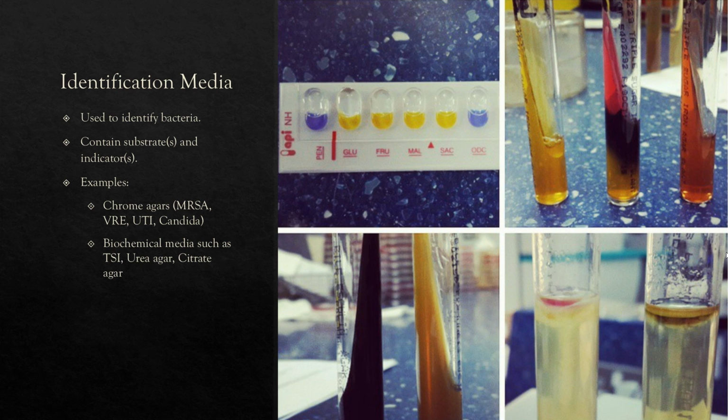So this tube indicates an indole motility positive reaction, and in the other tube you can see there is no haziness. As there is no haziness, it indicates non-motile bacterial growth, and at the surface after adding indole there is no change in color, and it is indole negative. This tube indicates a negative indole motility reaction.